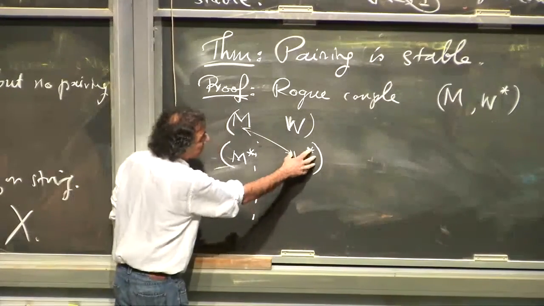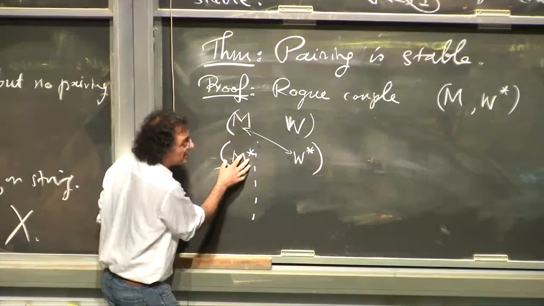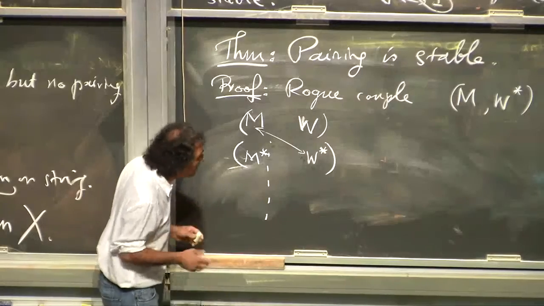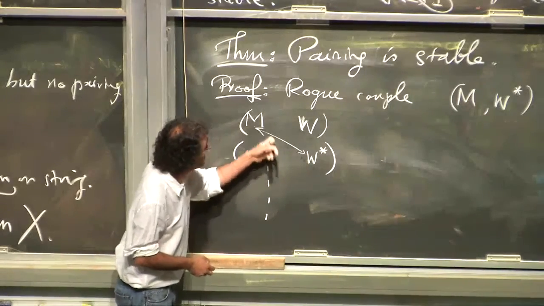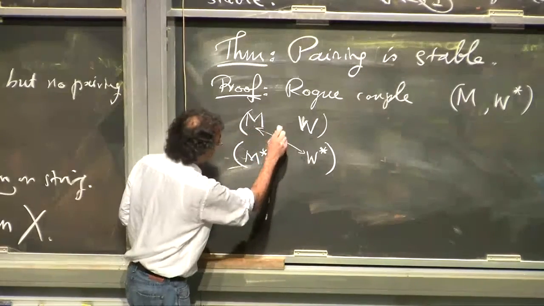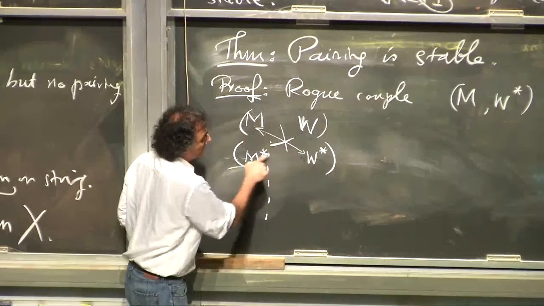So that day she preferred whoever she was with to M, and now she prefers M star even more to whoever she was with that day. So there's no way she would want to switch M star for M. This can't be a rogue couple. She just doesn't want M over M star.